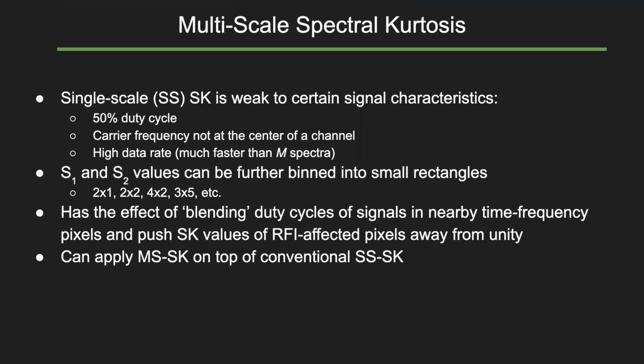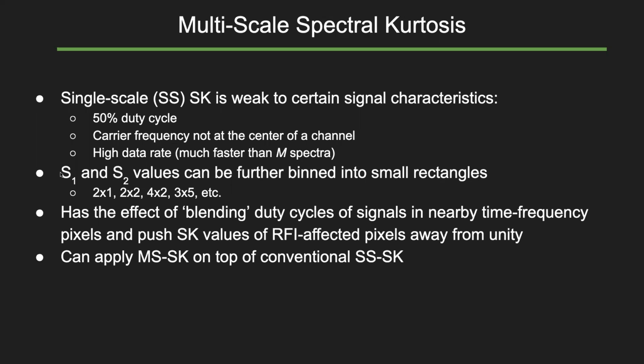But this is weak to certain signal characteristics, especially signals that have a 50% duty cycle, or signals that have their carrier frequency not at the center of our spectrometer channel, or signals with a very high data rate, or signals that send a lot of symbols within M spectra.